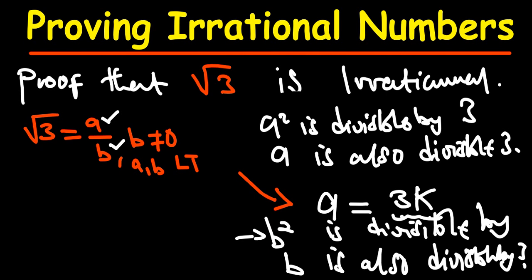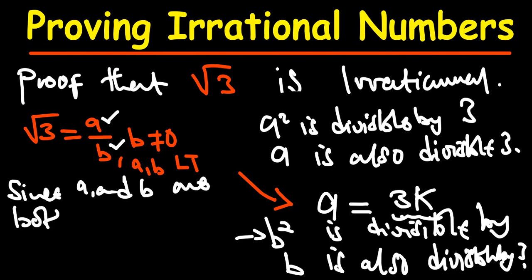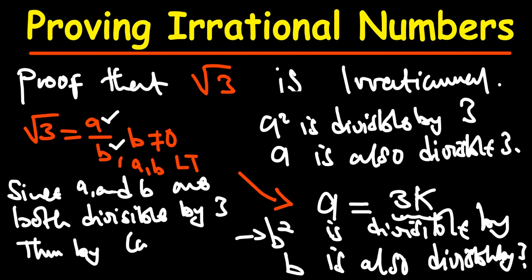So because of that, we are going to say, since a and b are both divisible by 3, then by contradiction, root of 3 is irrational.